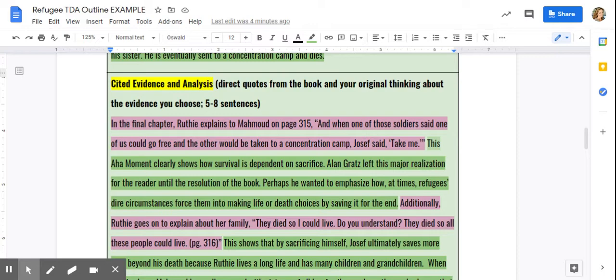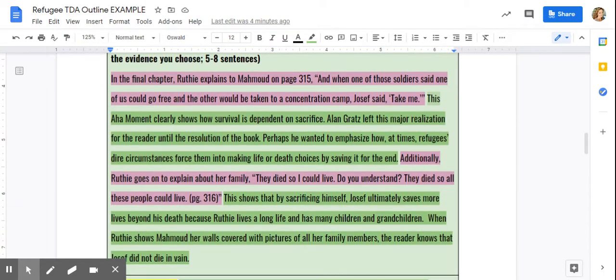So I went back to the book and I found on the next page a different quote that I thought would work. And this is how I introduced it. I said, additionally, transition. Ruthie goes on to explain about her family, comma, quote, capital T, they died so I could live. Do you understand?